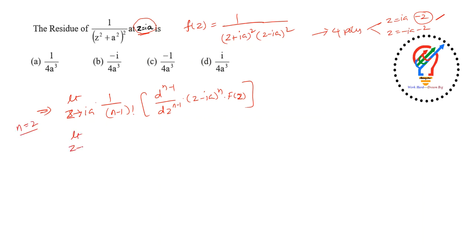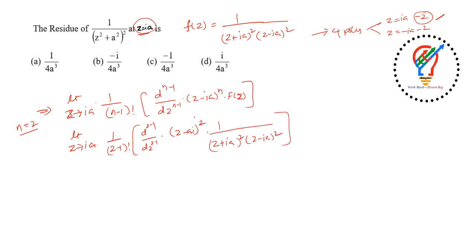So limit z tends to ia of 1 by (2 minus 1) factorial into d power 2 minus 1 by dz of (z minus ia) whole square into f of z, which is 1 by (z plus ia) whole square (z minus ia) whole square. So this term gets cancelled.